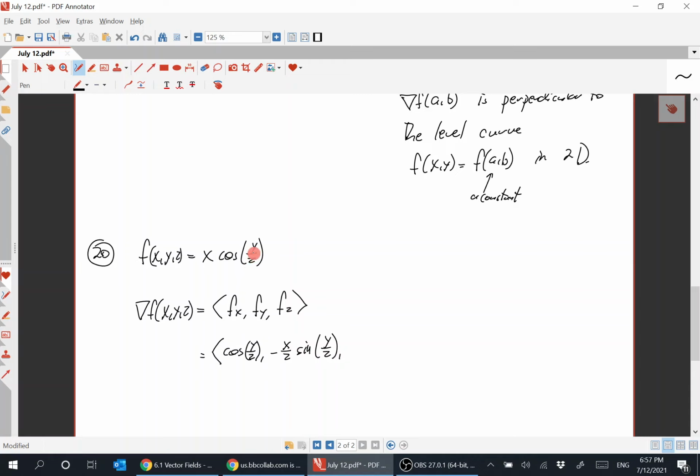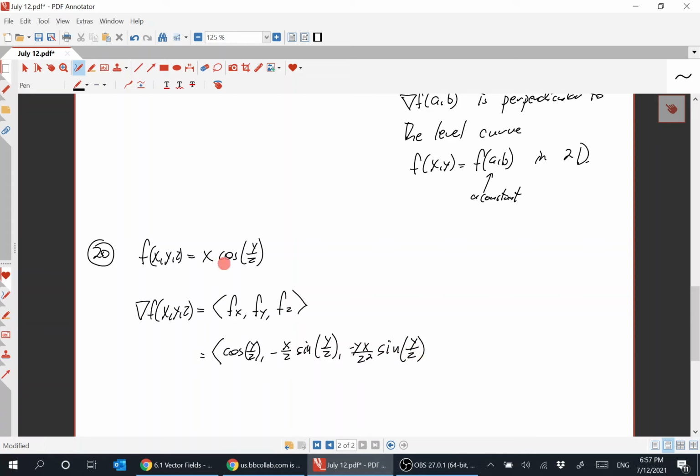It's going to be minus yx over z squared sine y over z.